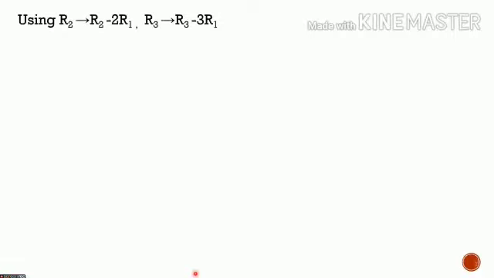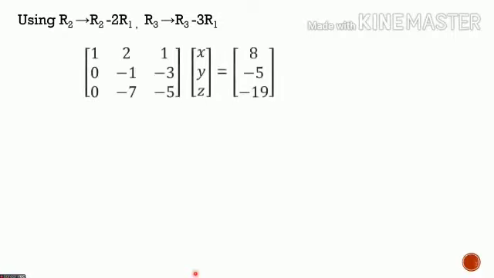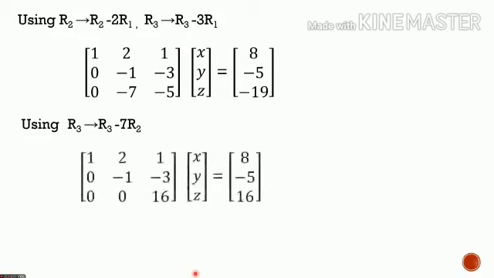Using row operations, so we have used these row operations and we have reduced matrix A. We require one more operation, so we have used R3 minus 7R2, so that will reduce matrix A to this particular form, which is the upper triangular matrix.